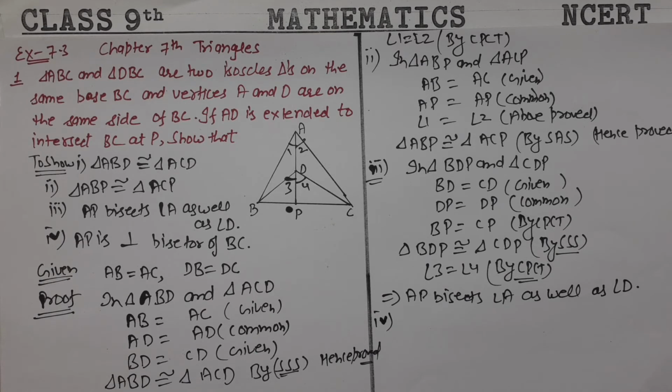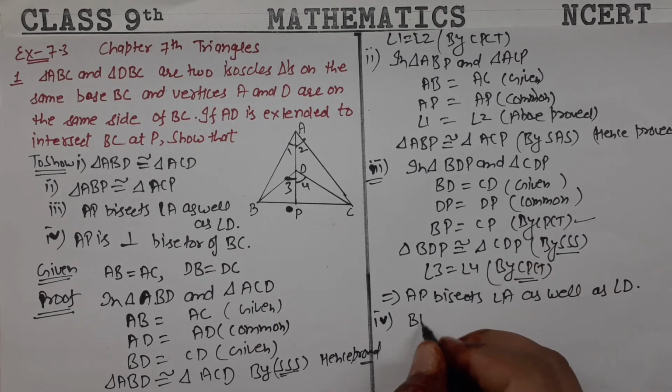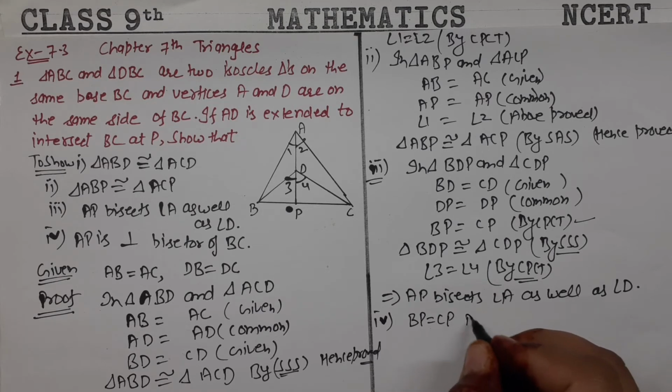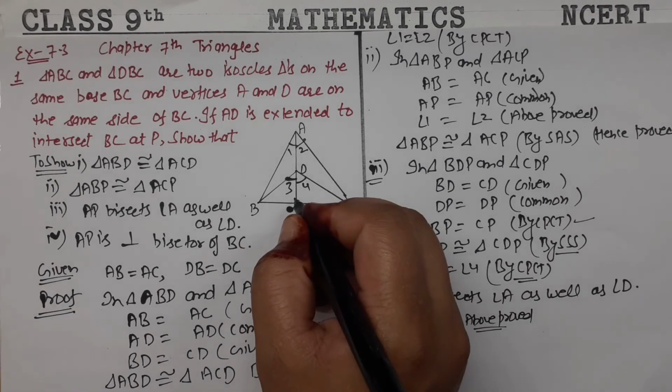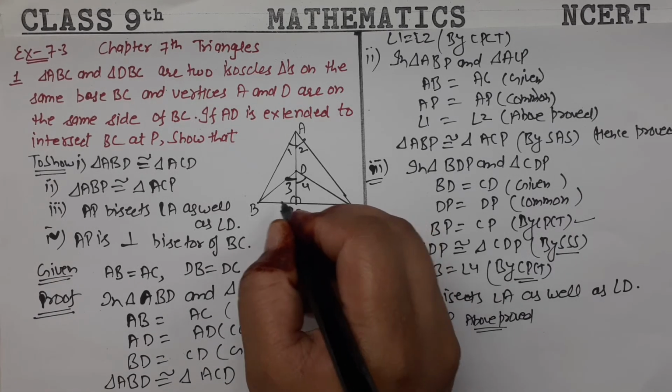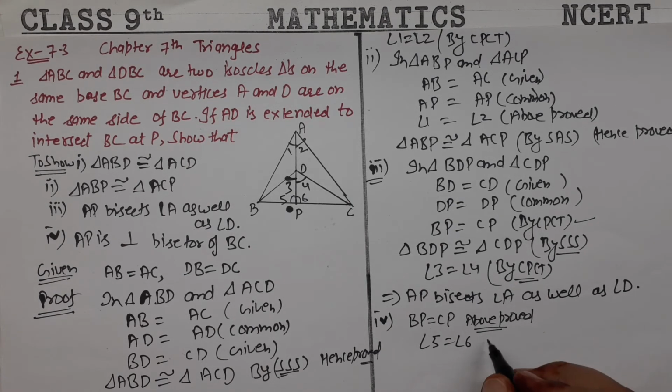In part fourth, we need to prove AP is the perpendicular bisector of BC. Bisector we already proved. Now for perpendicular, angle 5 equals angle 6 by CPCT. Now, angle 5 plus angle 6 equals 180.